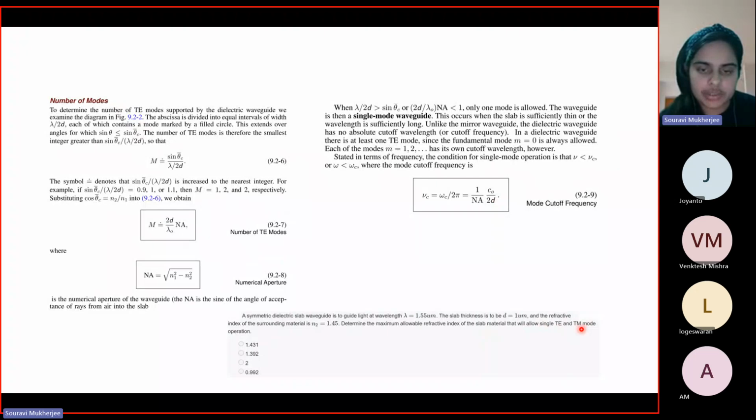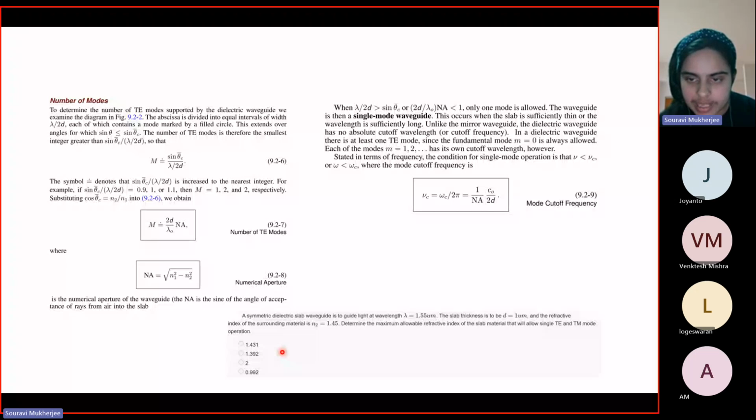So now you know N2, you know lambda, you know d. You just don't know N1. So put m to be 1, so lambda becomes 2d NA, and use this relation to find N1. There could be very direct questions based on this formula. This was one of them.